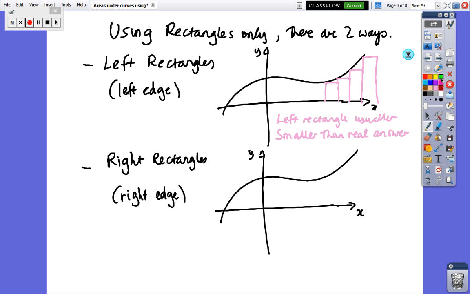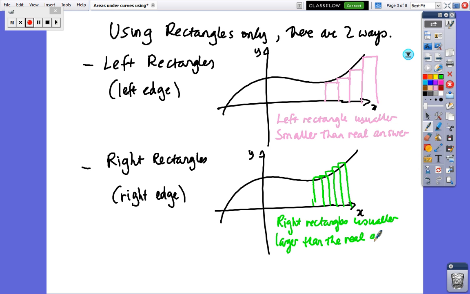Okay, but if we have the right rectangles, so for instance, there, the right rectangles usually give a larger answer. Okay, so copy that down and we'll have a look at some examples.